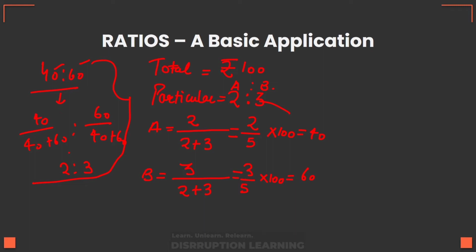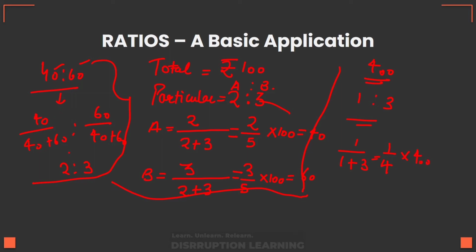Let's quickly learn one more application so that we can move on to the next slide. Let's say this time the total is 400 and two people are getting it in the ratio of 1:3. How do I get this? The first one will get 1 divided by 1 plus 3, that is 1 by 4, into 400.